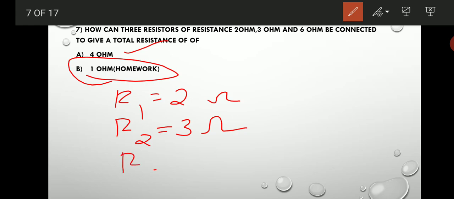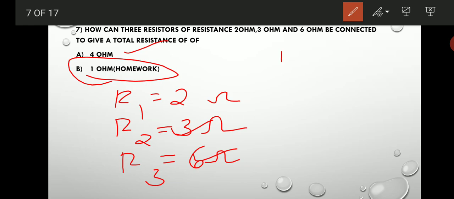And R3 is 6 ohm. Three resistors are given. You can connect them in any way, but the final answer should be 4 ohm. So how can we connect? First, I'll take R2 and R3 and connect these two resistors in parallel.